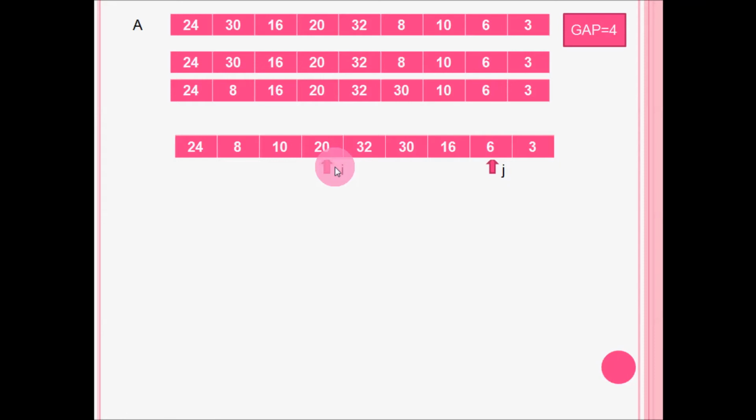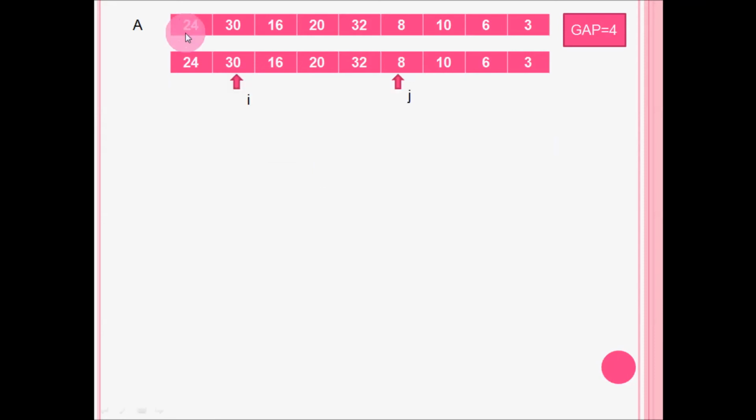One thing is very important here again. When we take our first J, it should be equal to the gap, means the index is equal to the gap. What is the index of this 32 the first time? It is 4: 0, 1, 2, 3, 4. 4 is the index and the gap is also 4.